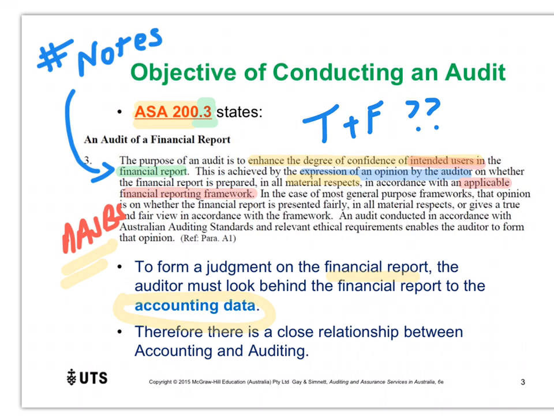We must have a very good understanding of what the rules are, what the guidance is, how the accounting had to be performed. It's only if we have that understanding that we are able to actually check that information and reach a conclusion. That is why here I've written there is a close relationship between accounting and auditing. Why? Well, we're essentially auditing the accounting information.